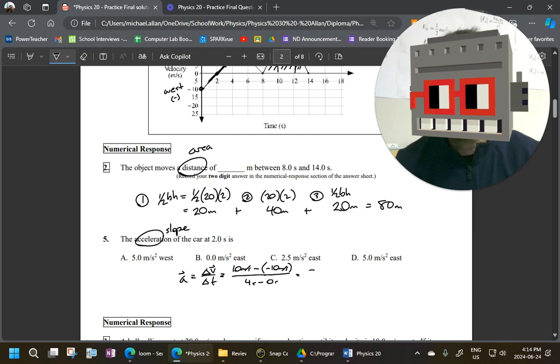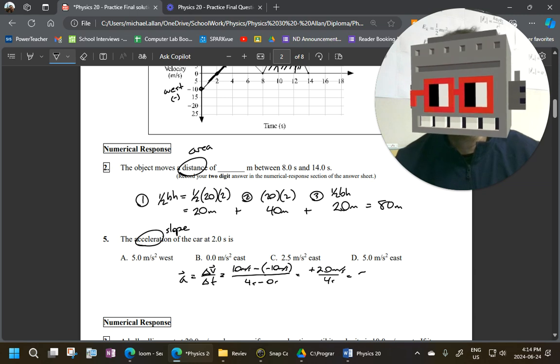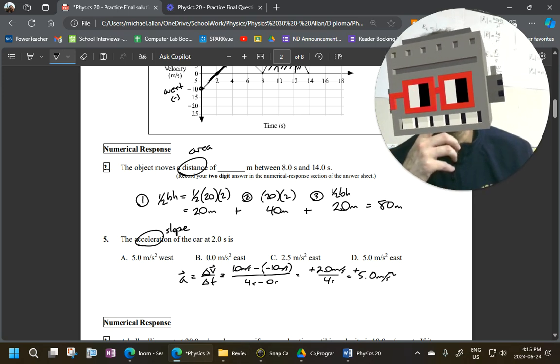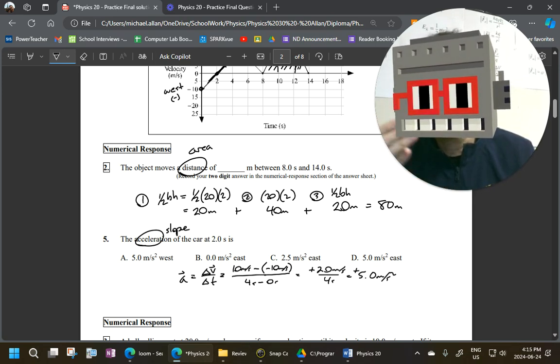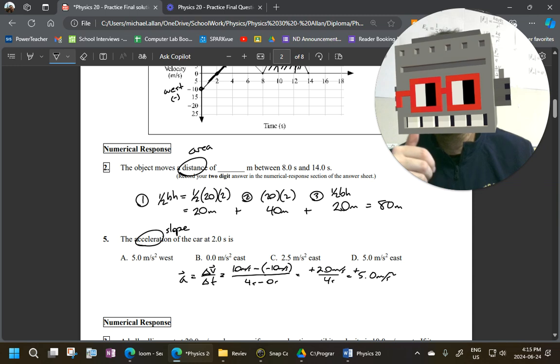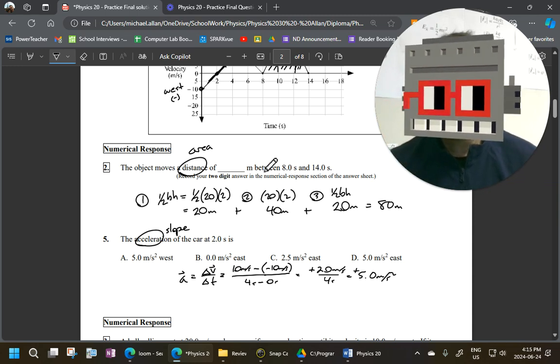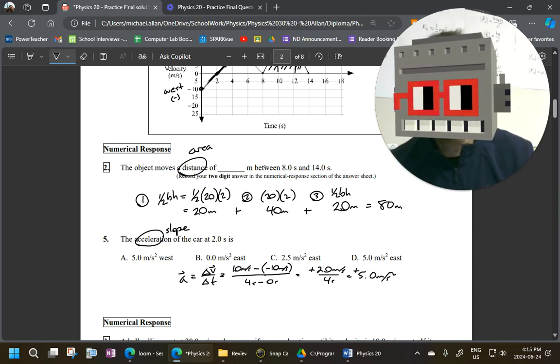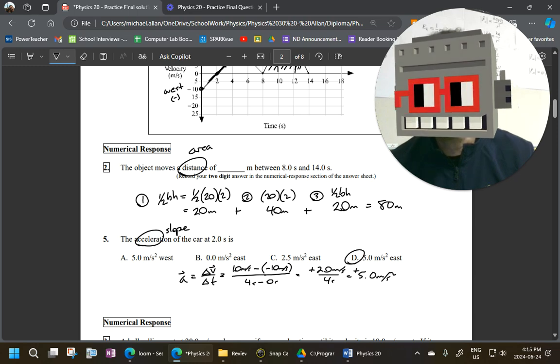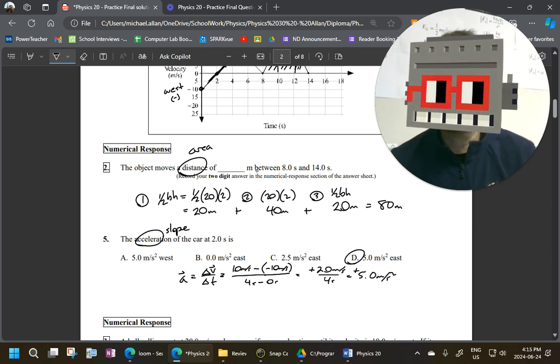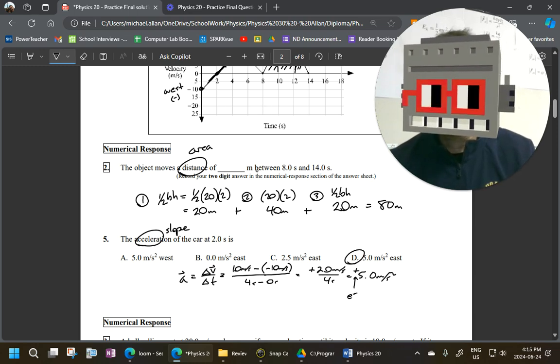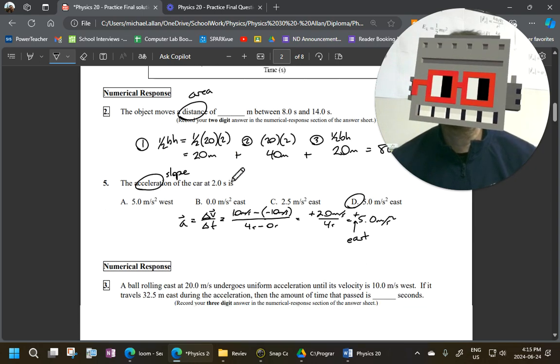So here I got positive 20 meters per second over 4 seconds, which is positive 5 meters per second squared. Because it's positive, and we decided this before, since they said it was initially going west and west was negative, then this must be east. So it's 5 meters per second squared east. There you go. Let me just write that down here, east.